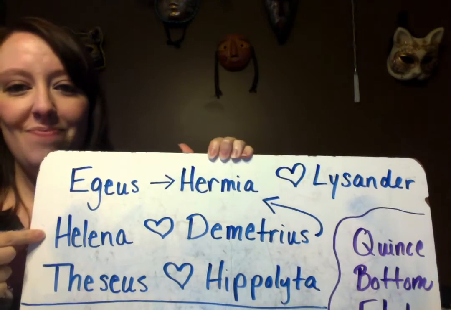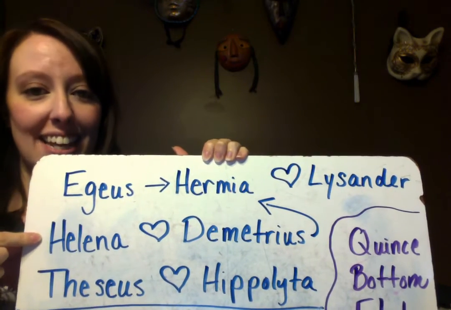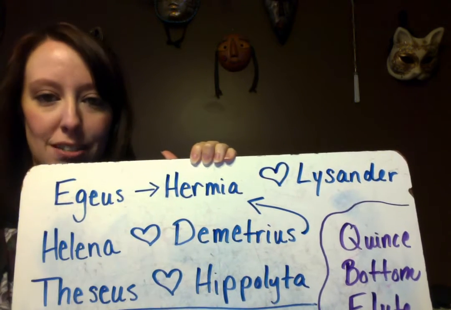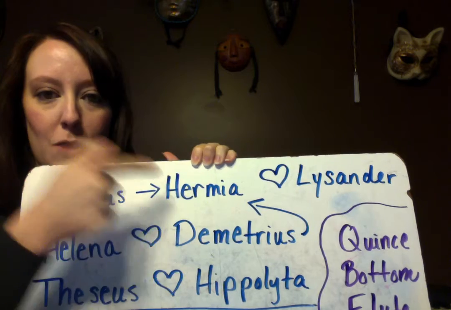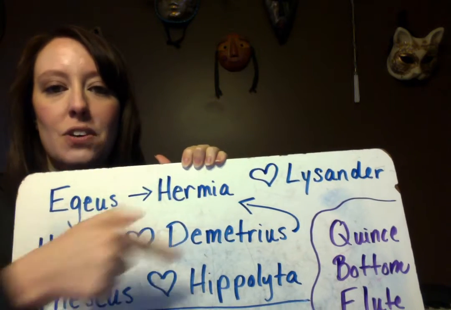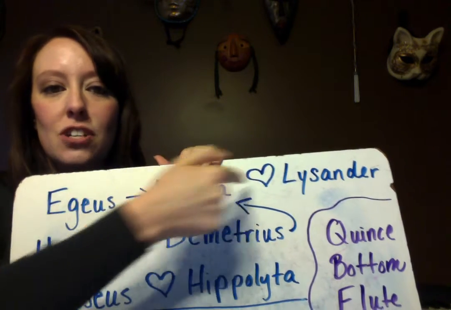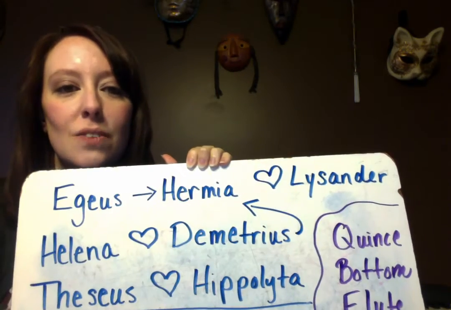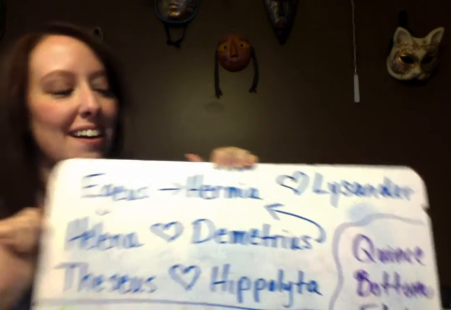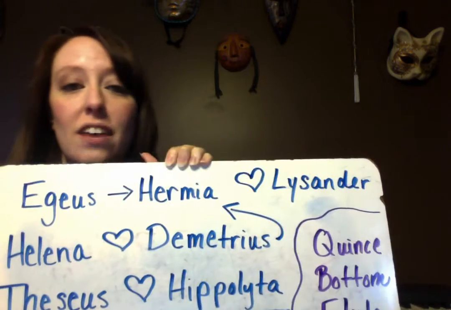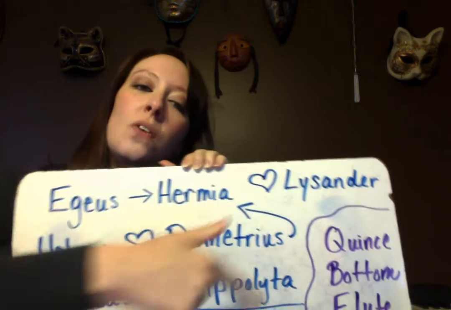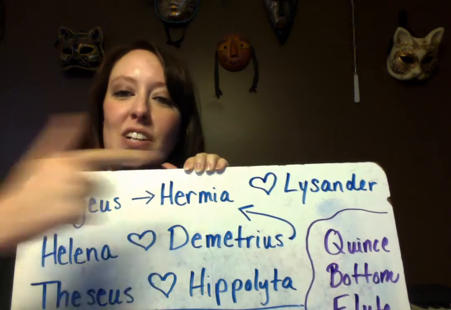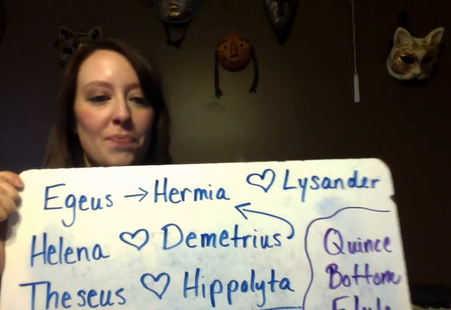However, Hermia's friend Helena is in love with Demetrius, who wants to marry Hermia. So you can see we got a love triangle going on here, even though she wants to marry Lysander. She loves Lysander. So already we have a lot of chaos going on just with this group of people.